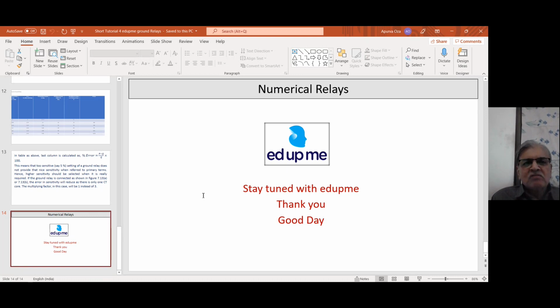I'll keep on delivering different topics on power system protection. Our next topic is the calculation of relay settings for ground relays. Then we are going to complicate the system. We will calculate the plug setting and time multiplier setting for parallel feeders, where the directional feature will come into the picture.